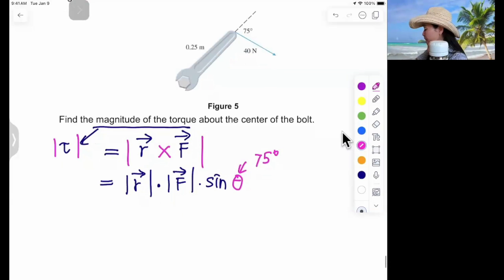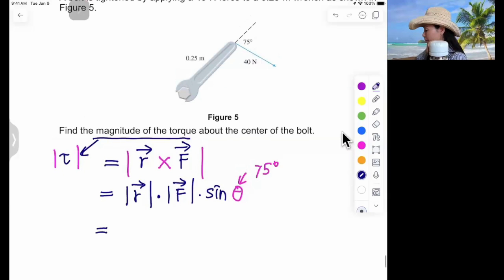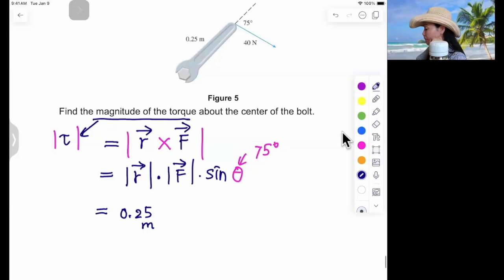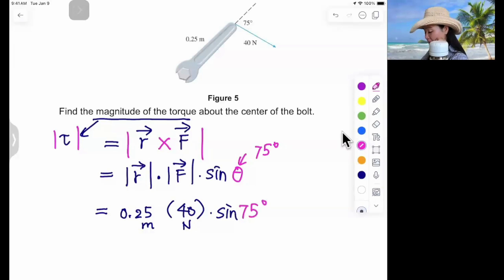Now let's substitute this in. What's the magnitude of R? 0.25, which is in meters, right? What's the magnitude of the force? 40 Newton, right? And then sine of 75 degrees. Can you guys punch in the calculator and tell me what you get?